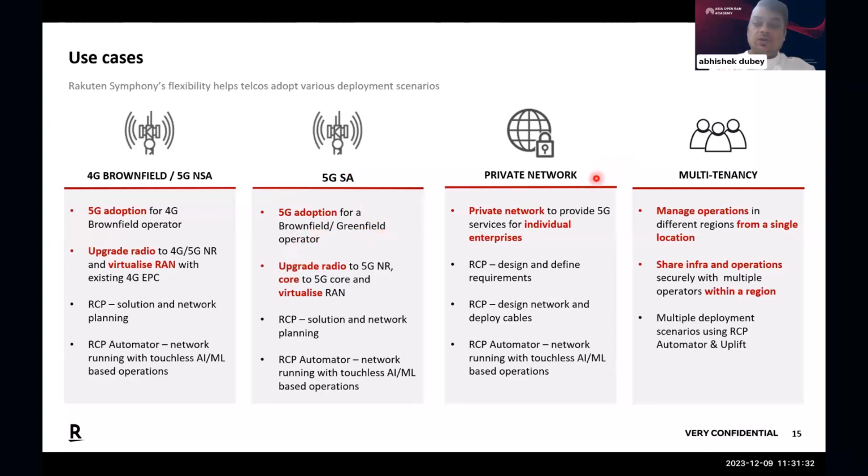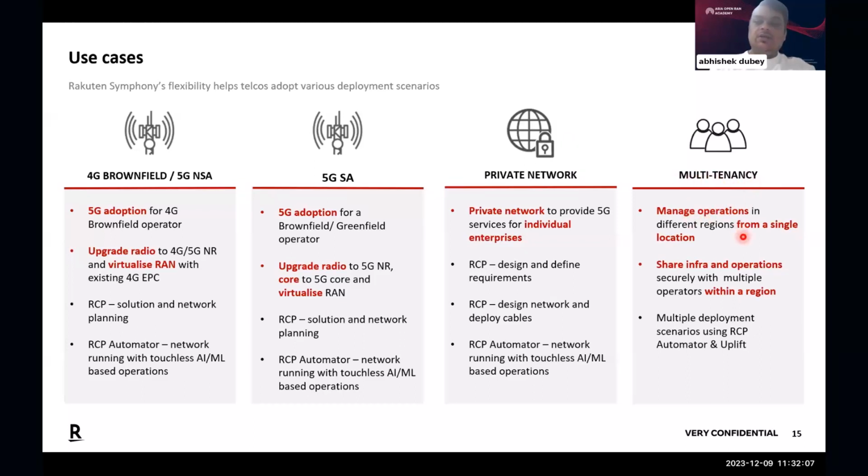And we also deployed our private network. It's a very compact solution which can fit in one box, which has all the BBU or CU/DU unit along with the core, along with the management solution, and there will be just one radio or one ORU on the site. Okay, so the private network solution is also happening for Rakuten Symphony, and we also have use cases for multi-tenancy.